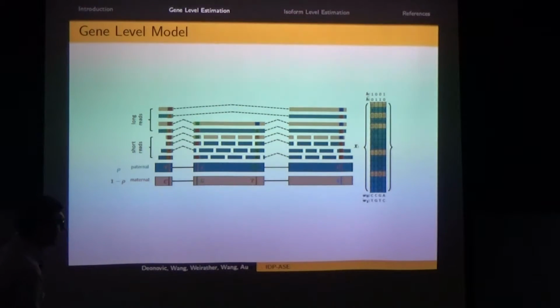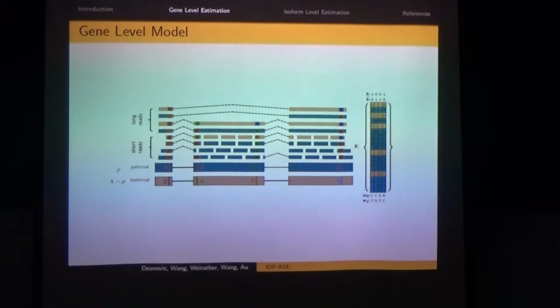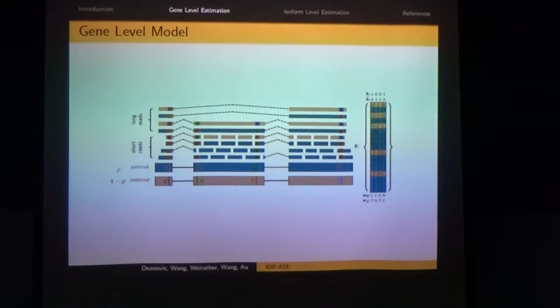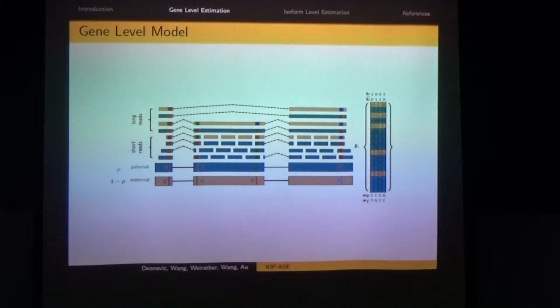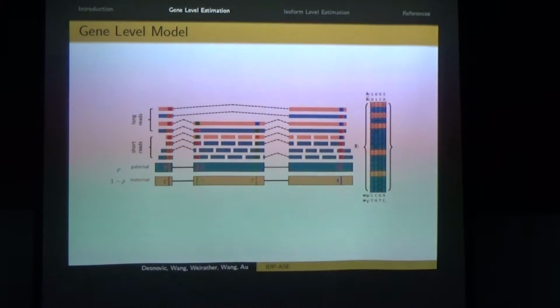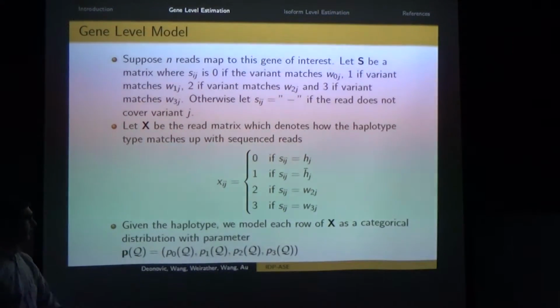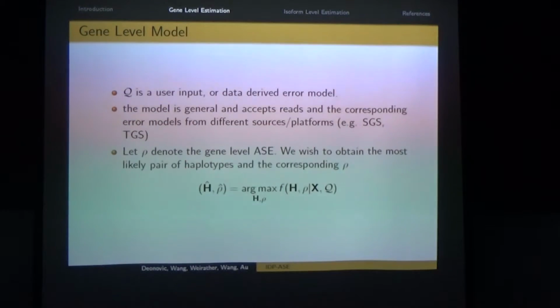So this read matrix is one of the inputs to our method. For each row of the read matrix we fit a model. We fit it as a categorical distribution with a parameter p right here, where Q is a user input or data-derived error model.